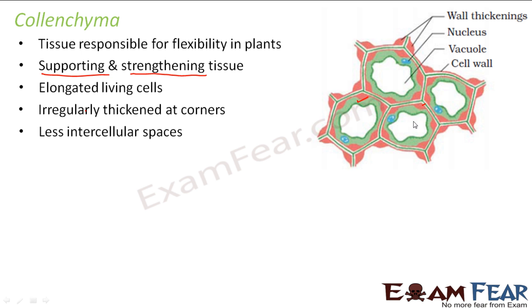Here these big holes or white structures are nothing but vacuoles, and these are the cell walls. The outer lining is the cell wall, this is the vacuole, this is a nucleus. So this is a plant cell. These cells are closely packed, with less intercellular spaces, irregularly thickened at corners. These are elongated living cells, supporting and strengthening tissue, and they provide flexibility in plants.